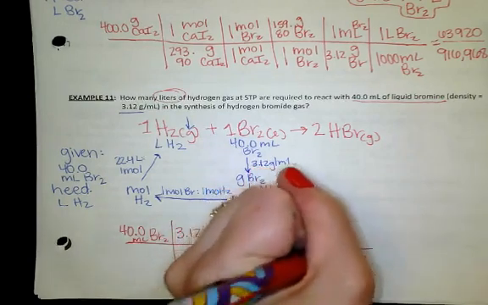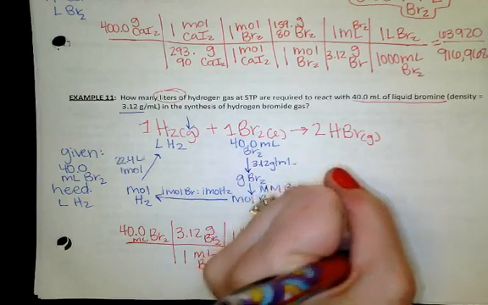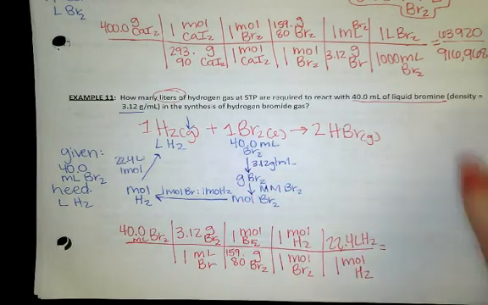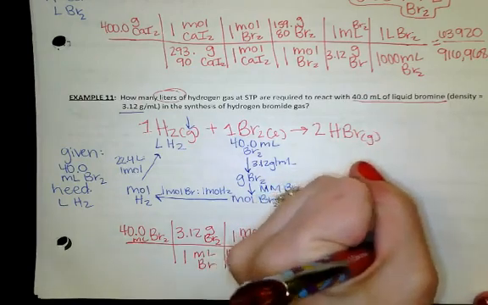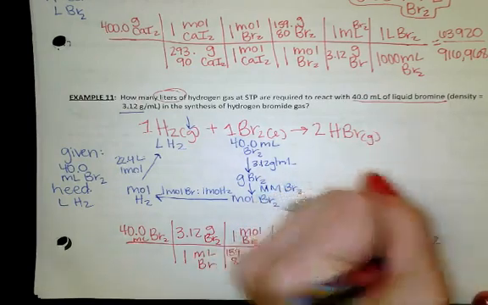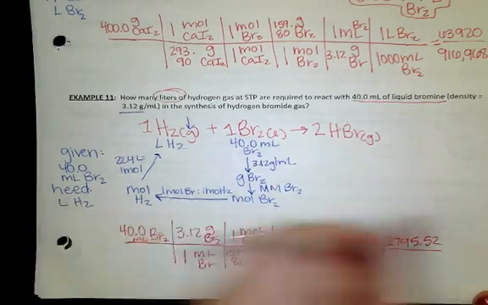So we're going to do 40 times 3.12 times 22.4. And that'll give us 2,795.52 on top. And then we're going to have 159.80 on the bottom. So that's divided by 159.8.